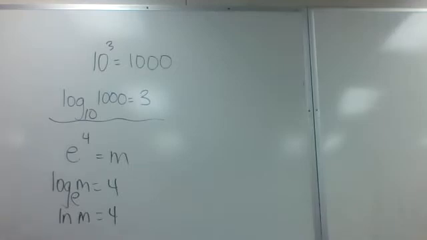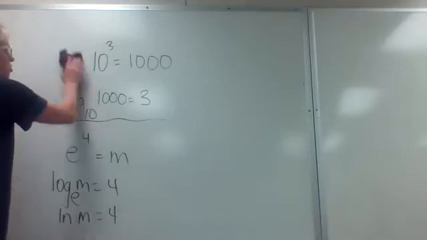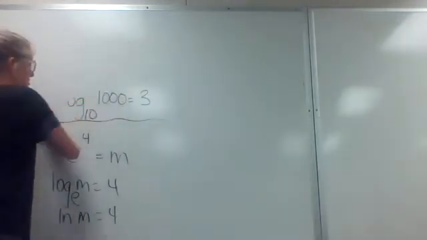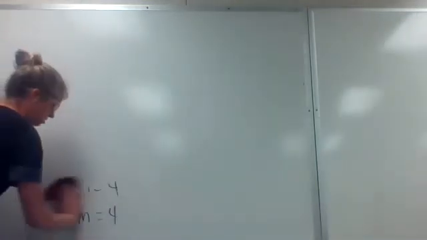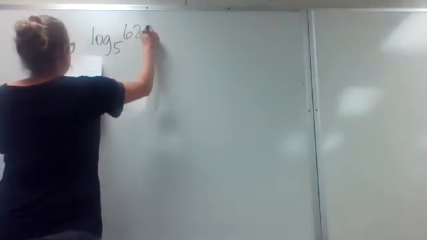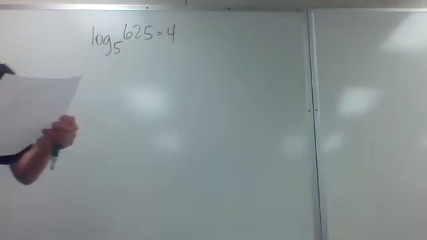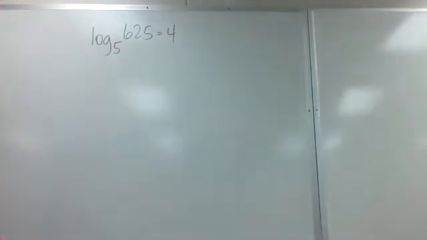Now we're going to go the other way. It's going to give us a log equation and ask us to convert it to the exponential equation. So log base 5 of 625 equals 4.